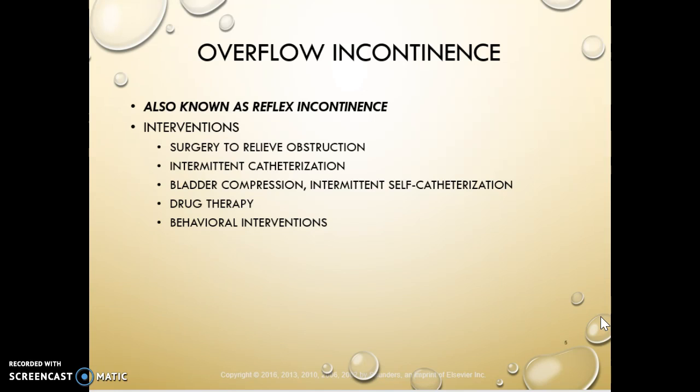And so treatments for that can be surgery to correct the obstruction, bladder compression, intermittent self-cath, and make sure that you really look at the procedure for self-catheterization. Be familiar with that. That is a nurse's responsibility to teach a patient to do safely, and you will see more information that you're going to need to review for that for test prep for the next test.